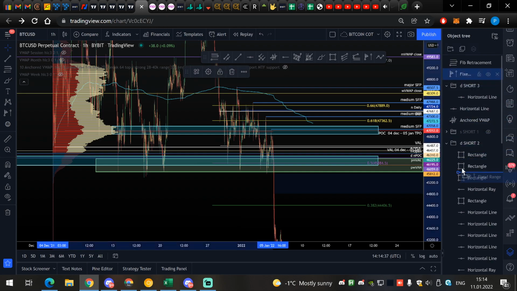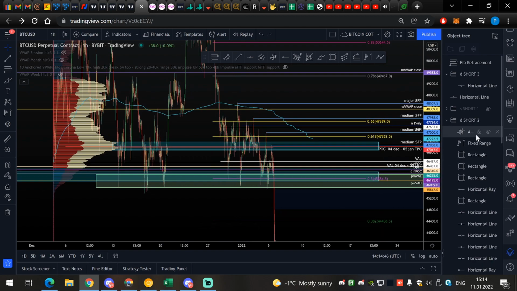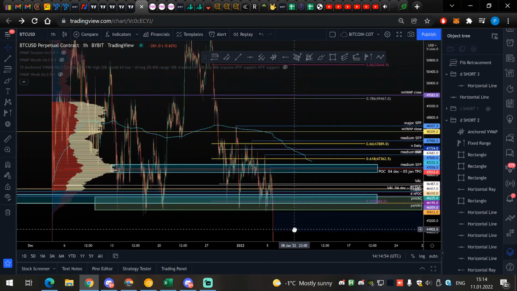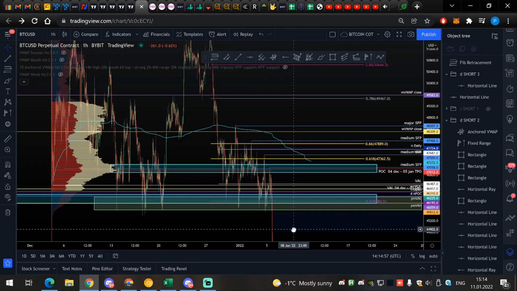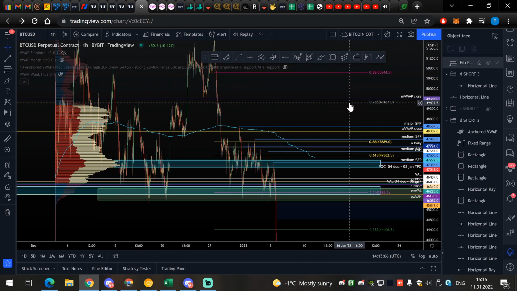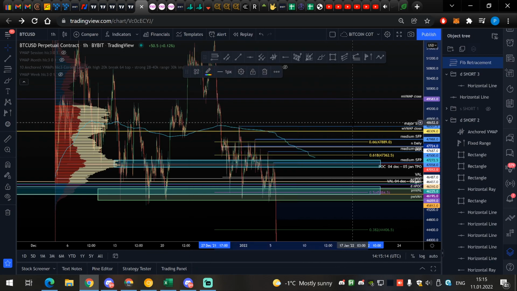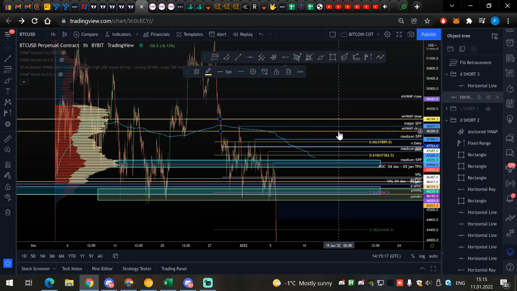We have, so orange needs to go there. Anchor VWAP. Yes, and FIPS. But FIPS we will do like this. We can turn off this one so it's not interfering.